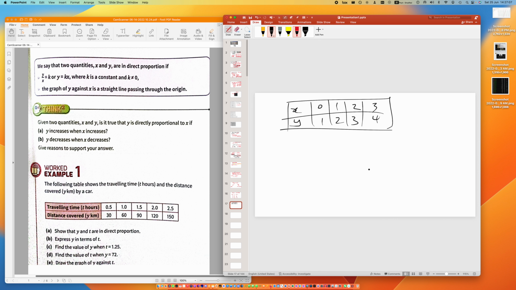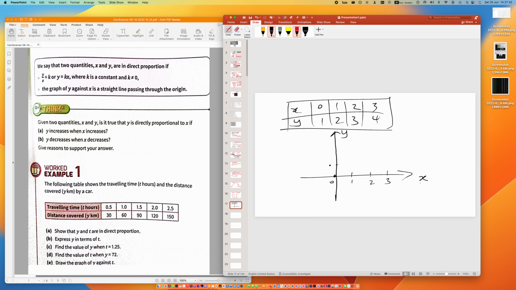So without telling you anything about x and y, I just show you this table of values. Then you are able to plot it out, right? 0, 1, 2, 3. This is x, and this is 1, 2, 3. I need to extend it a little bit. You are supposed to use a ruler. So this is 1, 2, 3, then 4.